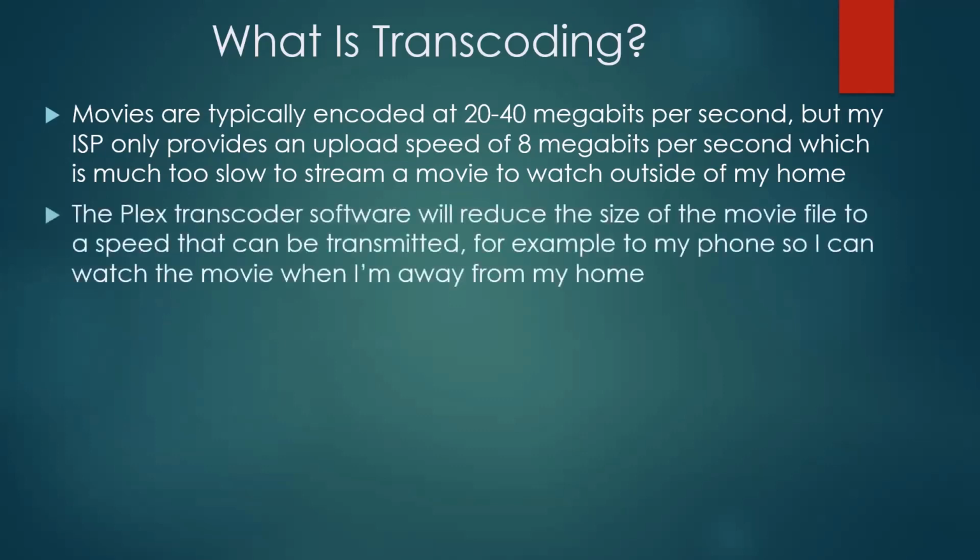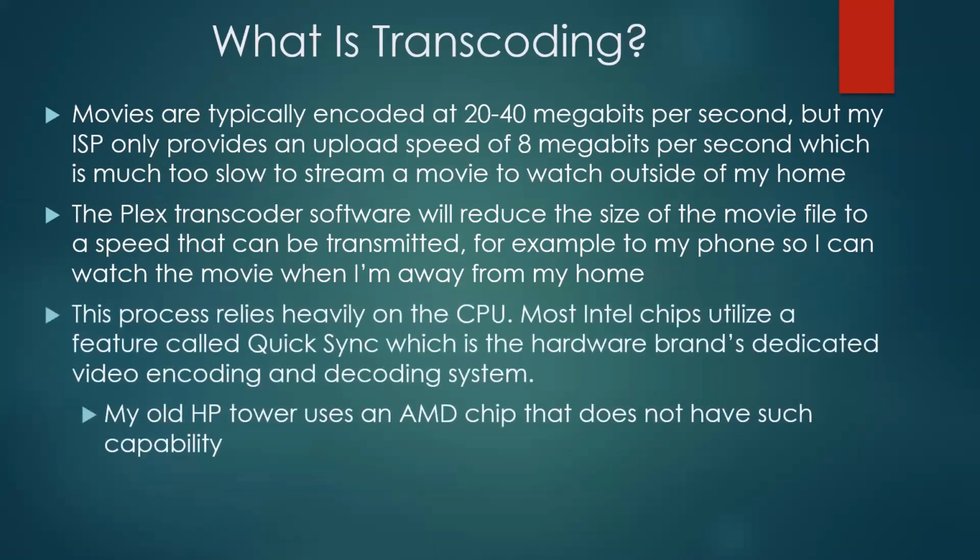So what happens is the Plex transcoder software will reduce the size of the movie file to a speed that can be transmitted, for example, to my phone, so I can watch the movie if I'm away from home. The process relies heavily on the CPU.